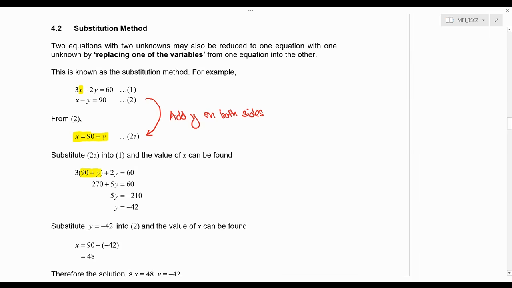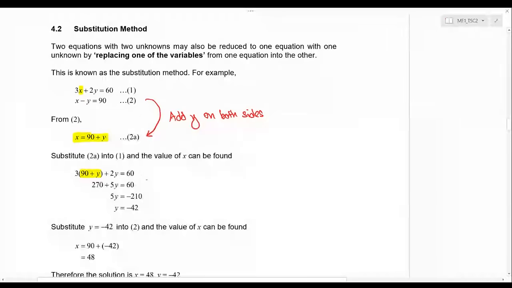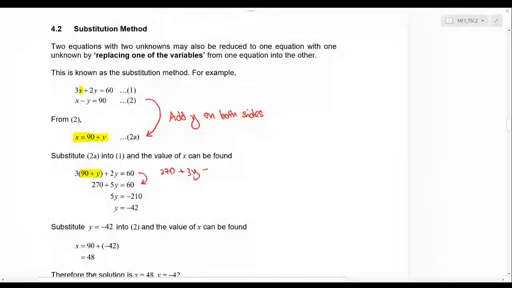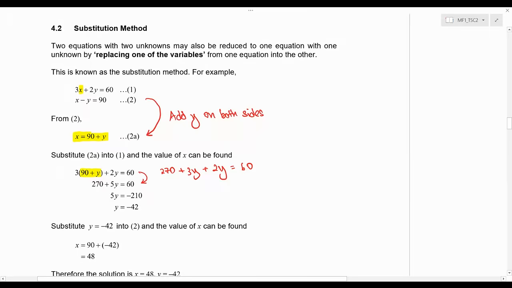So after we do the substitution, we expand the entire bracket. 3 times 90 is 270. 3 times y is 3y. So going from here to here, if you expand, it'll be 270 plus 3y plus 2y equals 60.